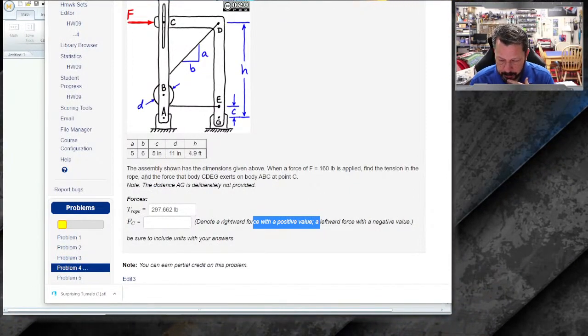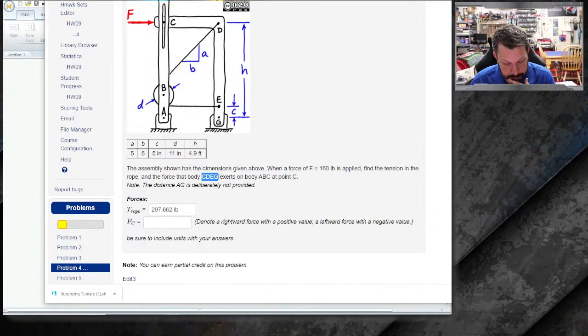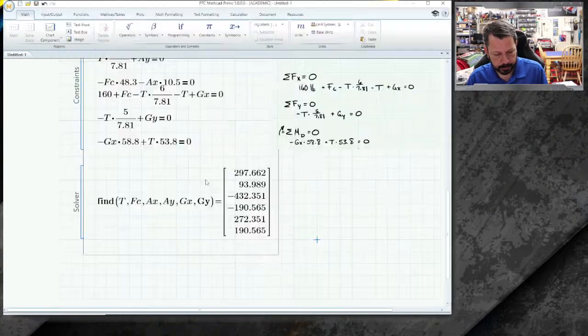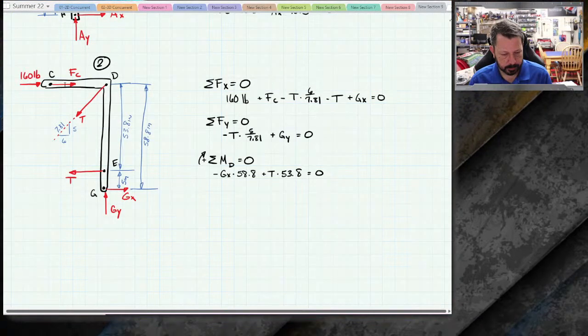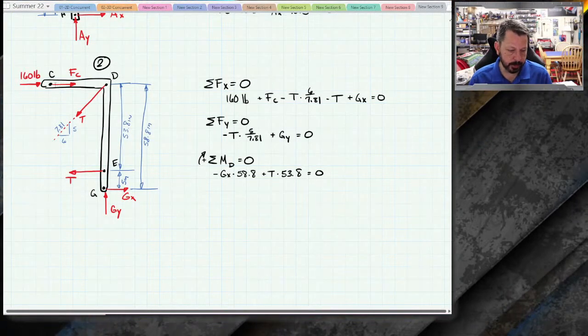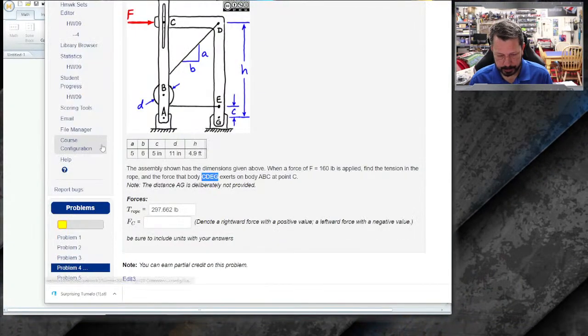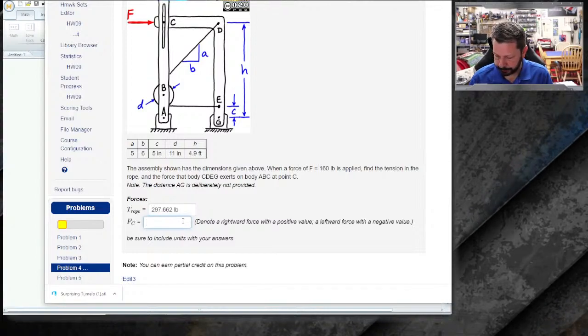Oh, here it goes. Find the force that body CDEG exerts on ABC. So, where's our pictures? That's this one. This is going the other way. It should be going to the left. And our problem said that a leftward force is a negative, so we need a negative in here.